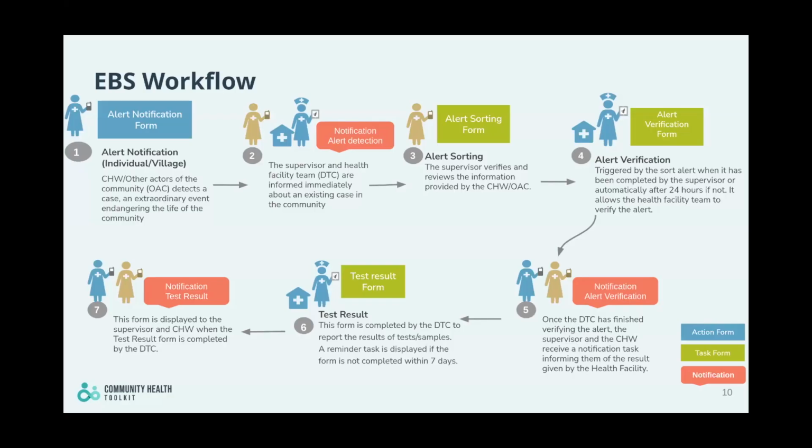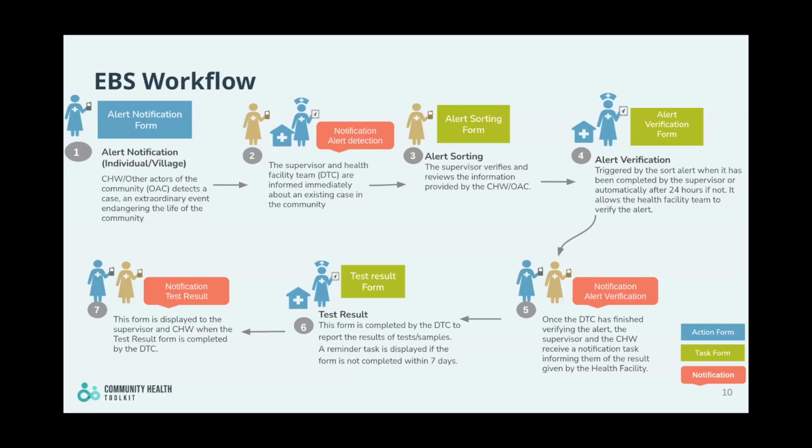At the fifth step, when they receive a notification, all the actors are informed about the verification that was done by the nurse. We send a message to the CHW, and we also send a message to the supervisor to let him know that the verification was done. At the sixth step, the nurse will have a test result form.